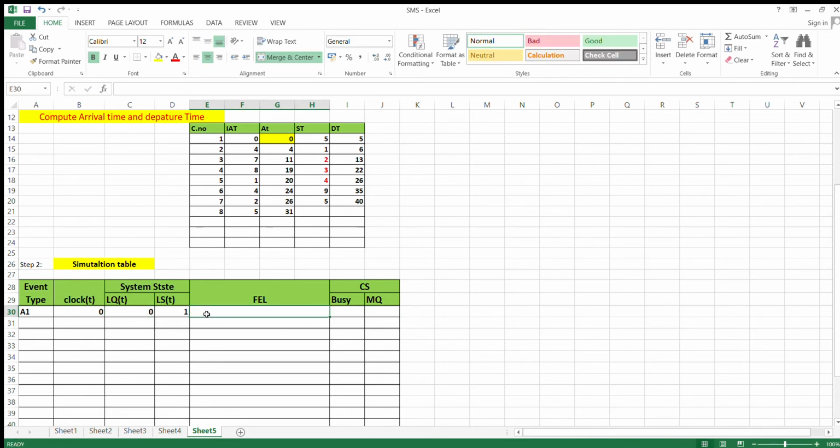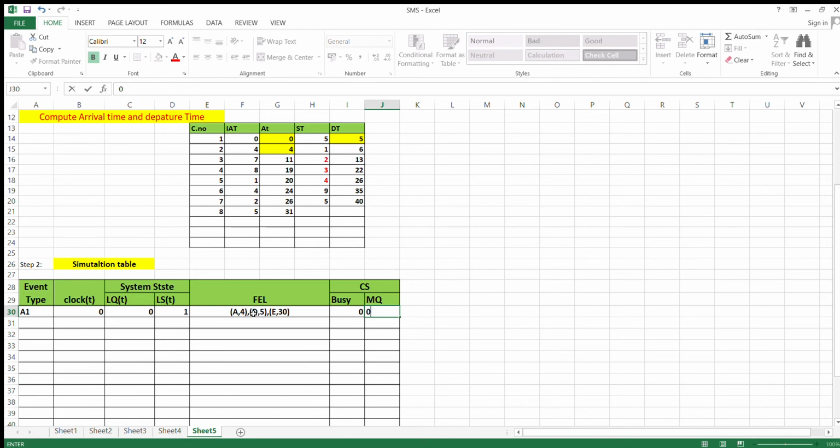Under the future event list, you have to write the departure and the next arrival. Arrival comma 4, departure comma 5, and the stopping event time 30 as given in the question. So initial busy time 0, maximum queue is 0.